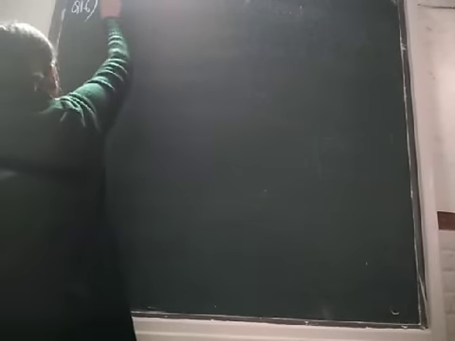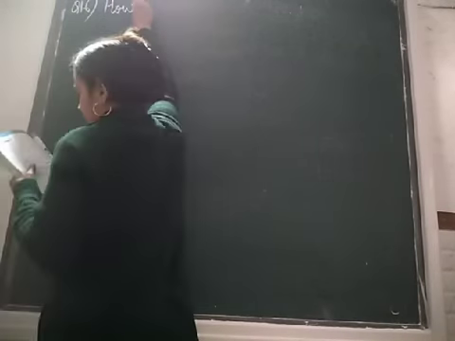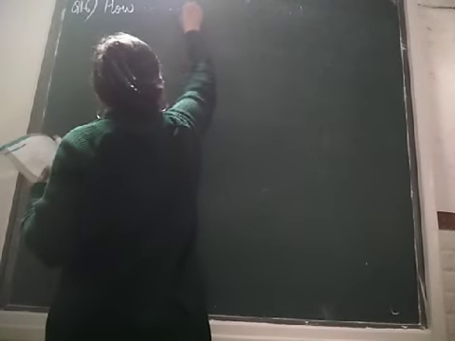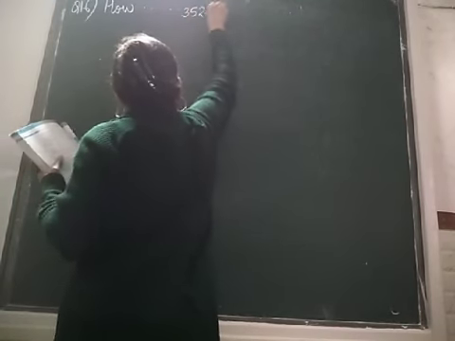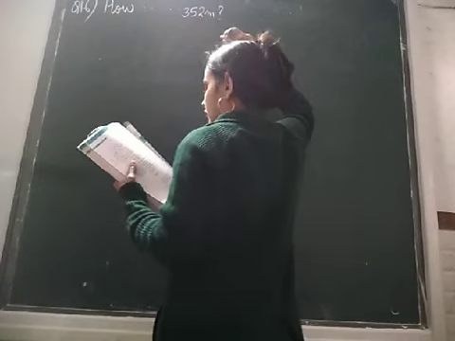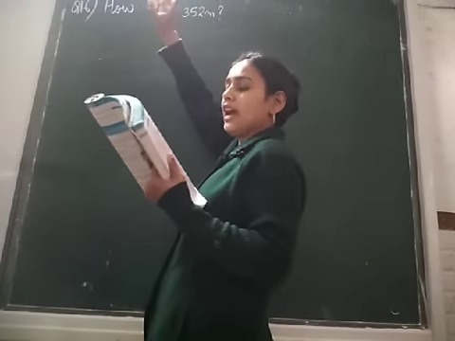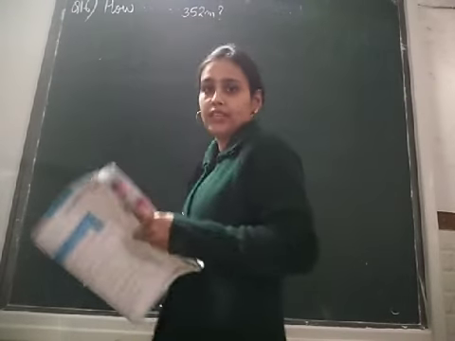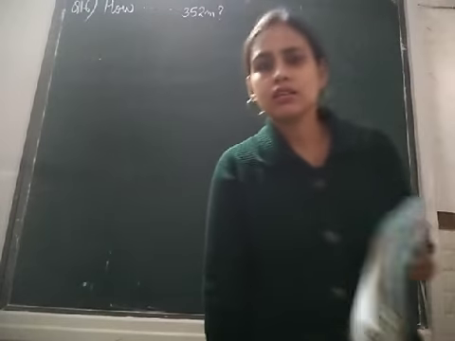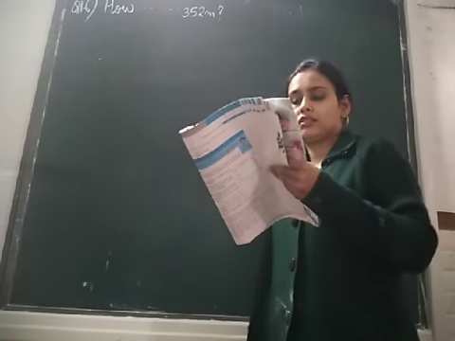Question number 16. Now here it is written, take pi as 22 by 7. So here we will take the value of pi as 22 by 7.